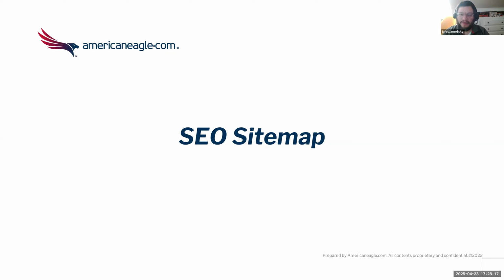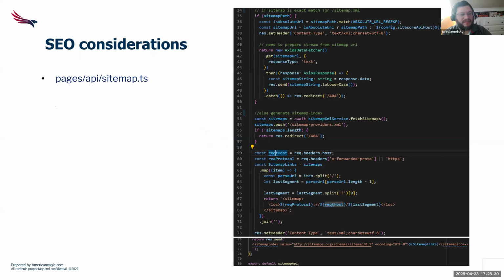So what we ended up doing was we created a sitemap index, and we reference our original sitemap within that index, and then we add a provider sitemap.xml to it. So you'll see here in the pages/API/sitemap.ts, this is in the starter project. You'll see we just modified it.